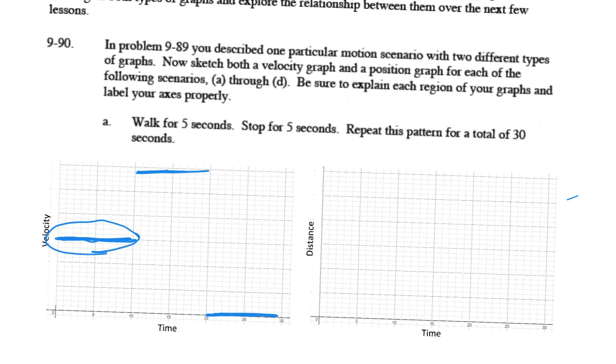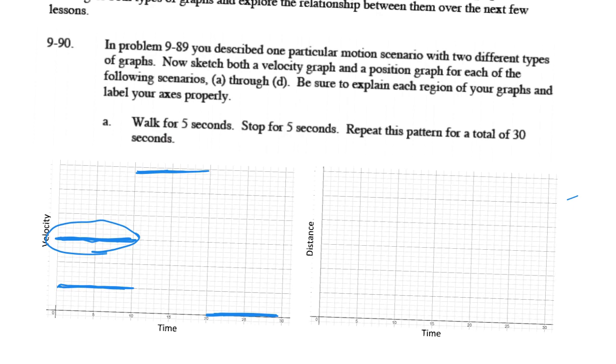But in general, if you're just trying to draw a scenario that was given to you, you need to know that running will have a higher velocity, a higher horizontal line, compared to walking. And walking slowly maybe will be just right here, lower than walking in general. Running will be a higher line compared to your walking and your walking slowly.